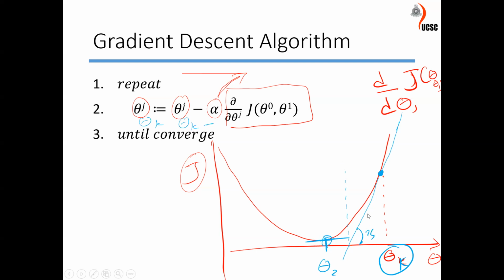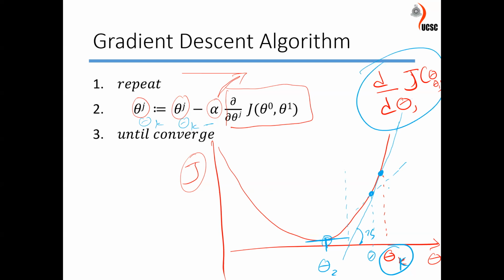In that case this theta k will be updated to some place like here. Now the theta is updated to some place like here. Again you're going to draw a tangent for that specific place. How to get the tangent? To get the tangent you can derive at that point.